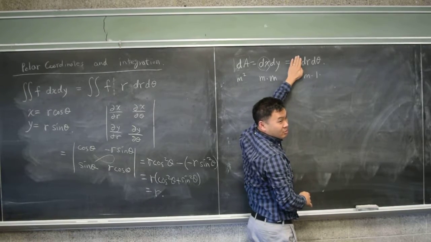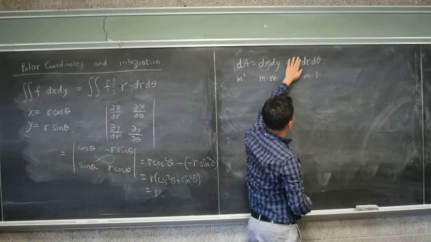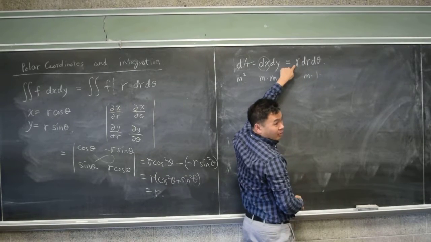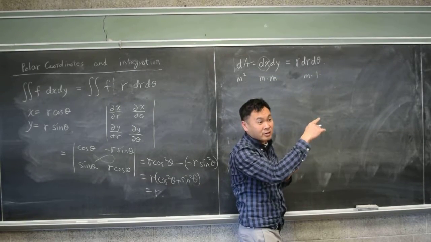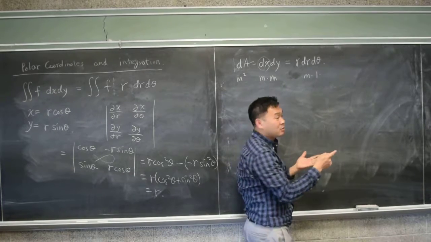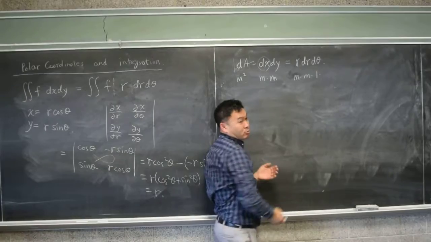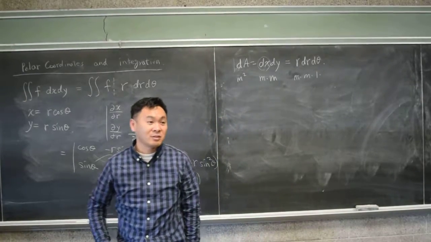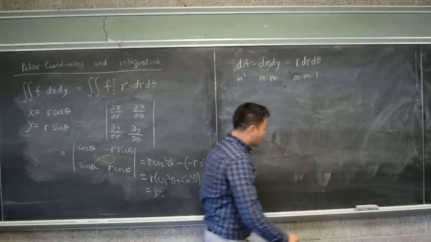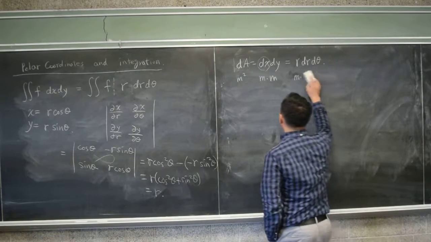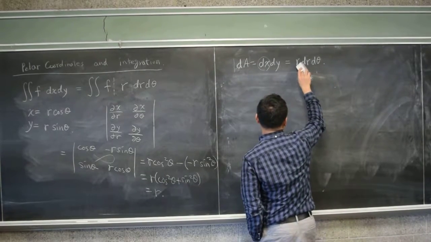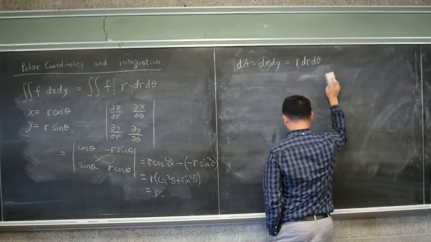No, that doesn't match with the area. So now think about the unit for r. R is the length, right? So it has a unit of meters. So therefore, I have meter square, meter square, meter square. Everything matches, and it makes sense. Okay. So that's one way to kind of convince yourself that you need something more than just this.